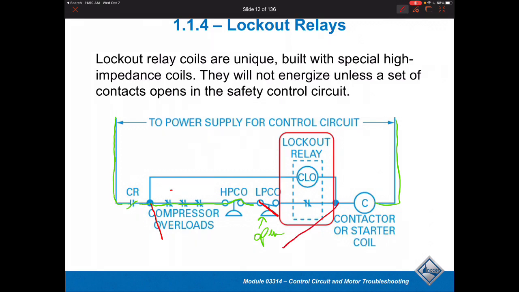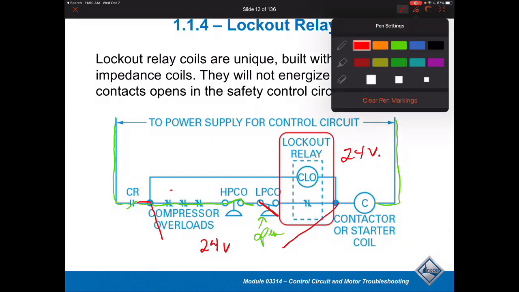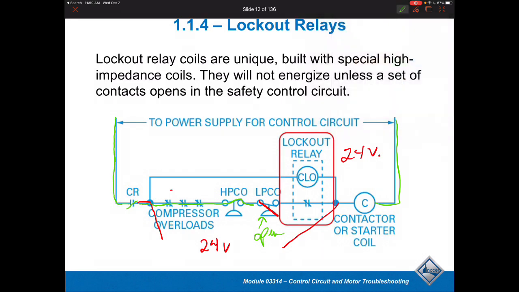If this happens to be, let's say, a 24 volt relay as an example, I'd have voltage available there, roughly 24 volts of potential difference across there. What you have to understand is that electrically speaking, the voltage here is going to allow us to send power through the relay.